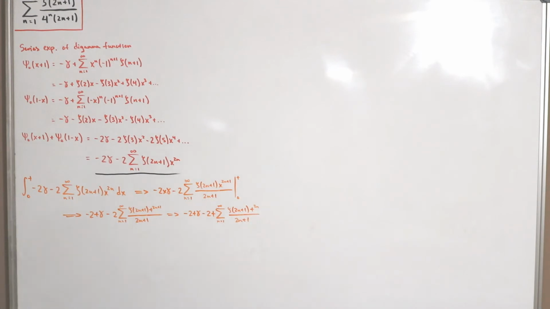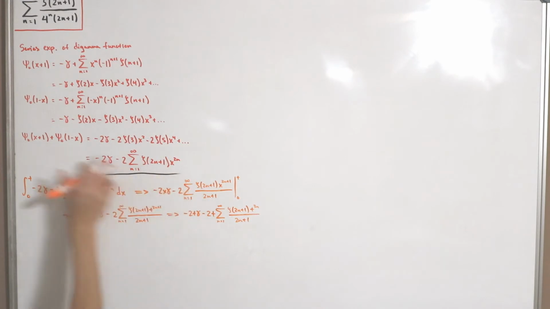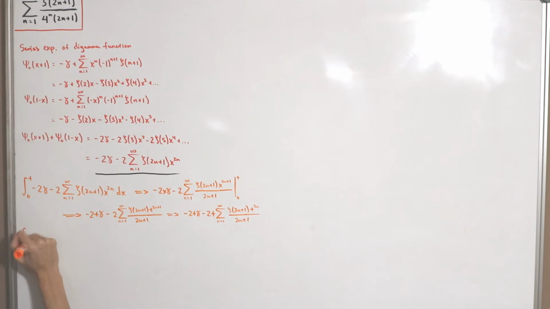Okay, good. So we actually evaluate this. What this means is we not only took the integral of our series expansion over here, but really we're taking the integral of the sum of our digamma functions. So let's rewrite that as well.